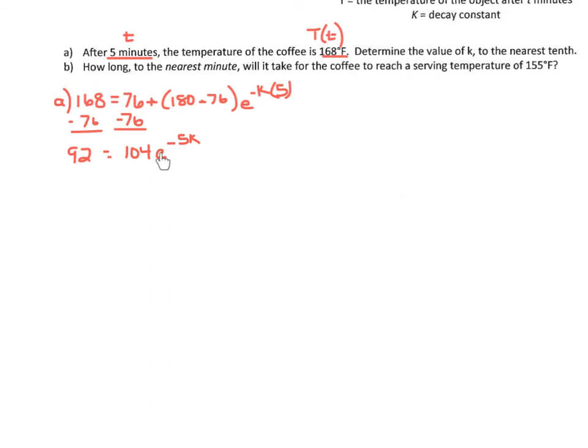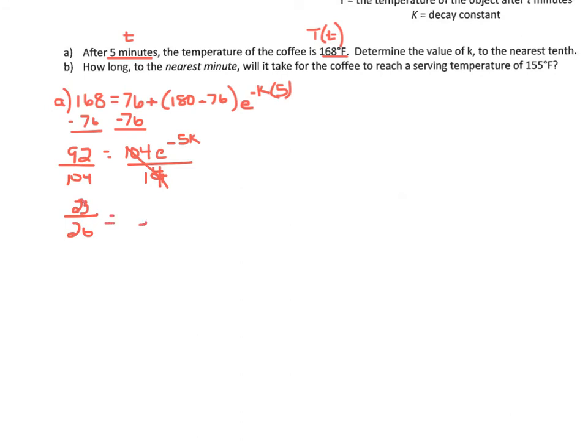So I need to get this e by itself. So to get rid of the 104, I could just divide both sides by 104. So 92 divided by 104, you can leave that as that fraction, or if you want to simplify it, plug it in a calculator, or if you want to do it by hand, that simplifies to 23 over 26.